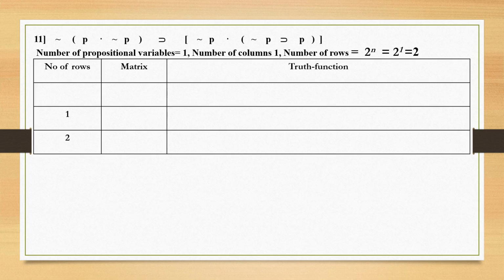Now write down the table, the matrix. In the matrix we will write the combination of propositional variables, where we will write only P, and in the truth function the whole given expression. Now assign the values to P. Half of 2 is 1, so 1 true and 1 false. Write P's values in the truth function, all the P's values.